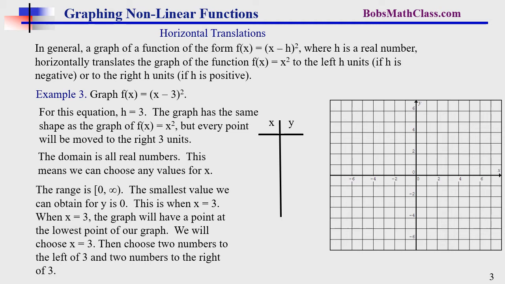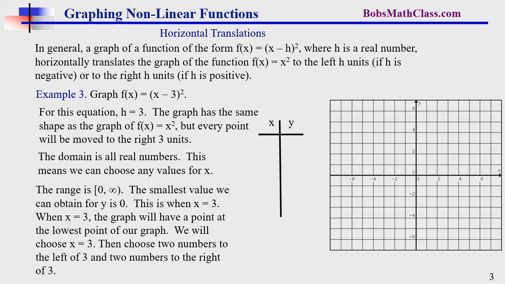Okay. I wrote some notes here, so make sure you take your time to read them. We talked about that h is 3. So looking at the pattern x minus h, our h is 3. Or you could think of it as 3 because 3 minus 3 is 0.